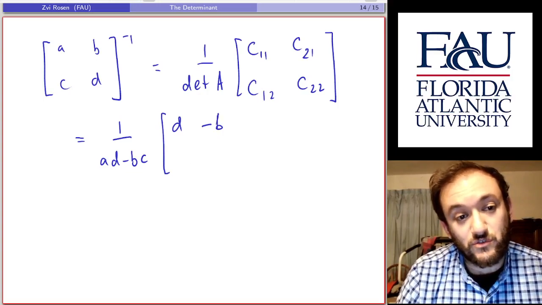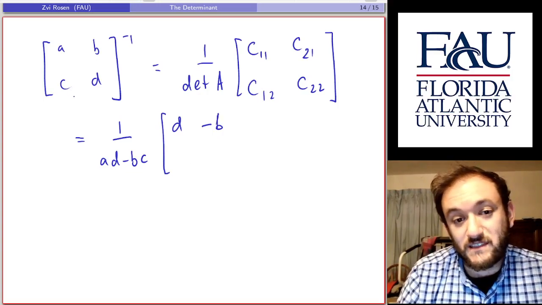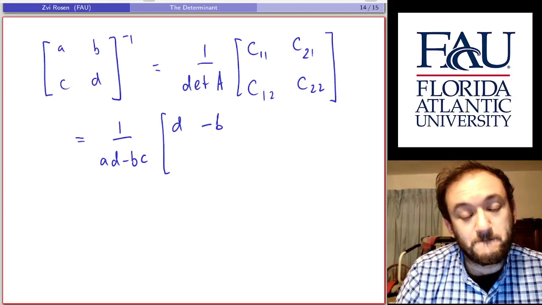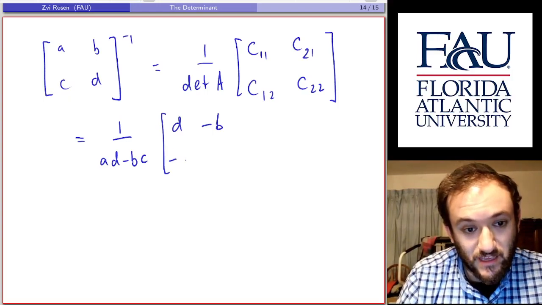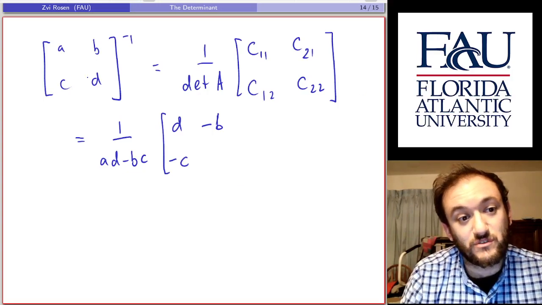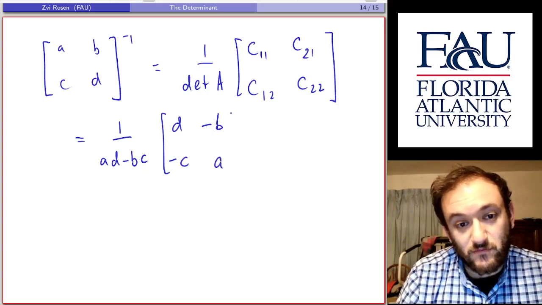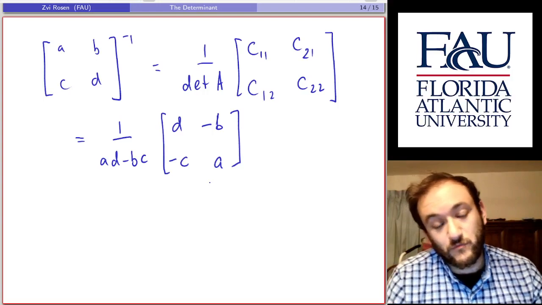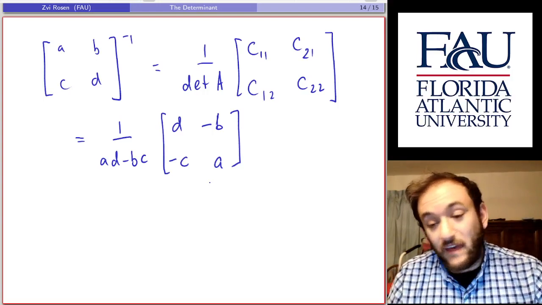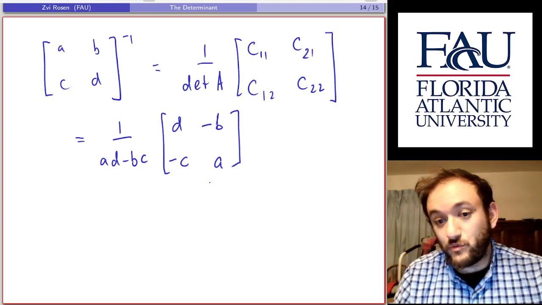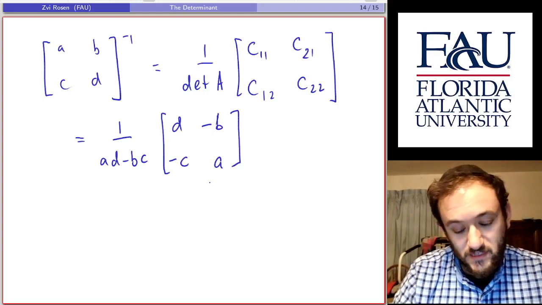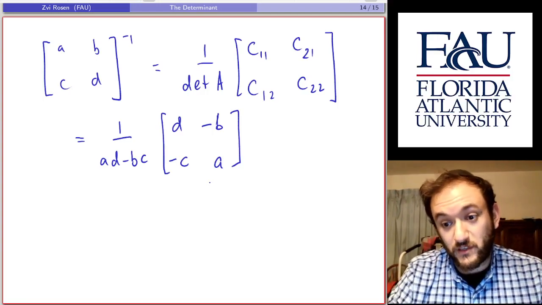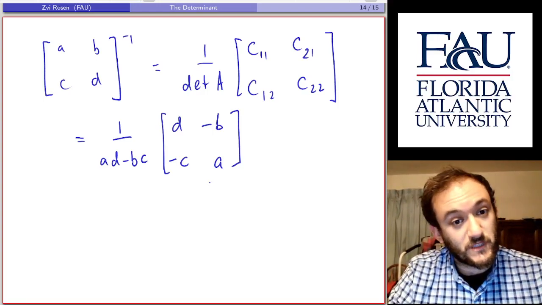For C12, it's the entry that's left after deleting row 1, column 2, so that's going to be C, again with a minus sign picked up. And C22, that's the entry we get leaving out row 2, column 2, which is A. And this is the 2 by 2 matrix inverse formula that we saw before. Okay, cool. And we just derived it from this general formula in terms of the adjugate matrix.